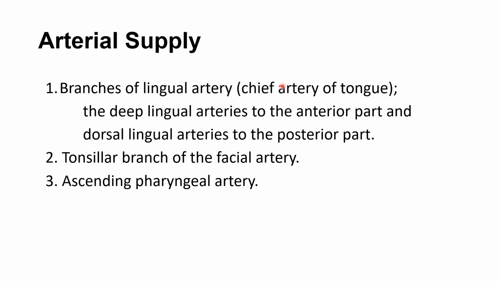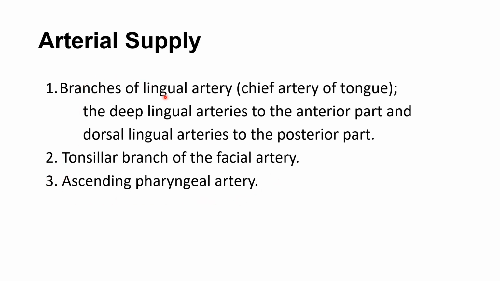So which are the arteries supplying this tongue? Three different arteries are supplying. Some are the branches of the lingual artery, which is the chief artery of the tongue, and two other branches. One is the branch of the facial artery, which is called the tonsillar branch, and the other is the ascending pharyngeal artery.